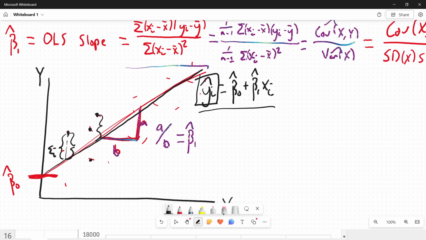So for this particular observation, which is a Cartesian pair xi, comma, yi, epsilon i is the distance between yi and yi hat. Yi hat was this point down here, right? Yi hat. And the difference between what actually happens and what the model predicted is the error term, which I will call epsilon.